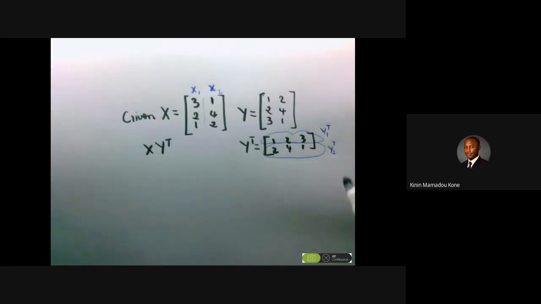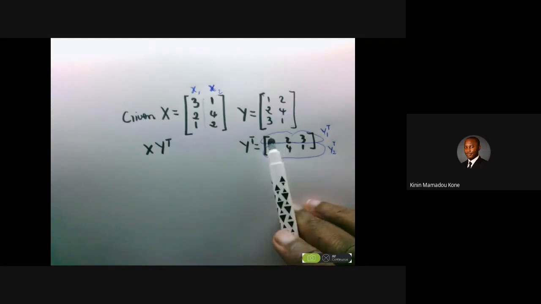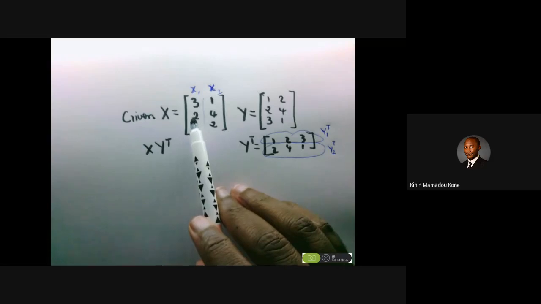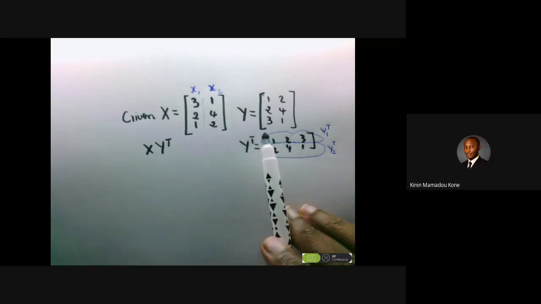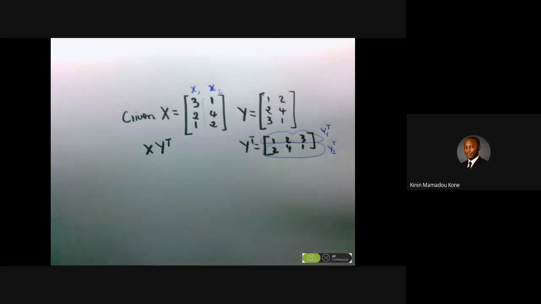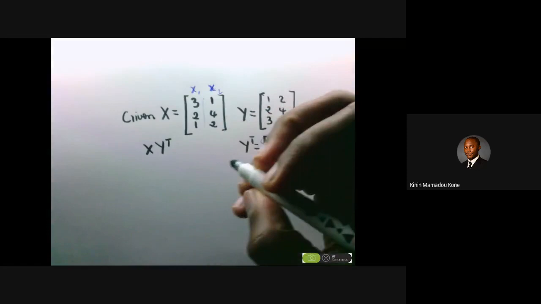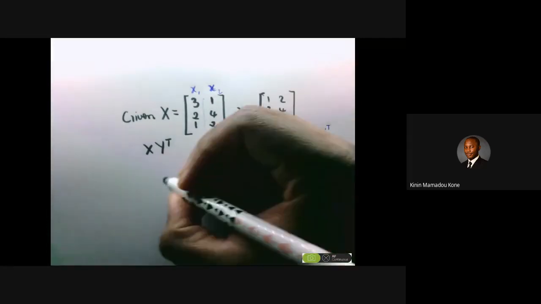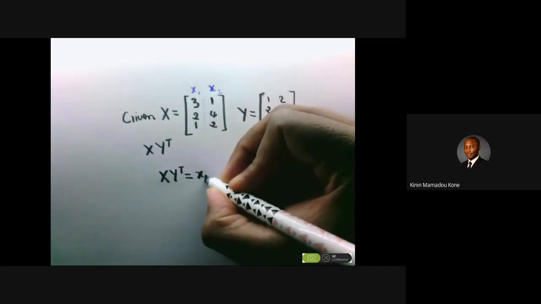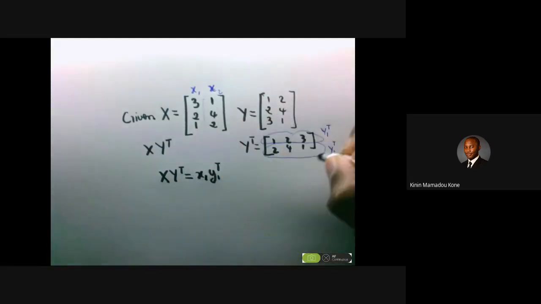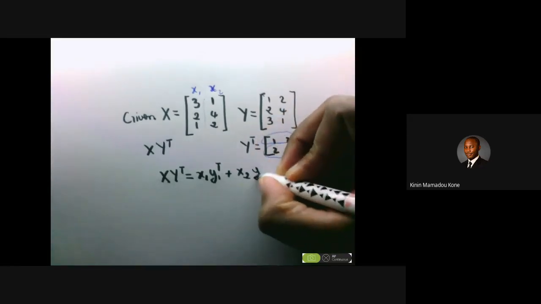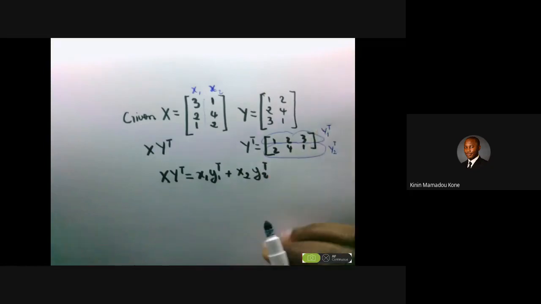Okay. As you can notice, the number of rows of one is equal to the number of columns of the other one. So let's do our product, using the formula. The formula says x1 times y1 transpose plus x2 times y2 transpose.